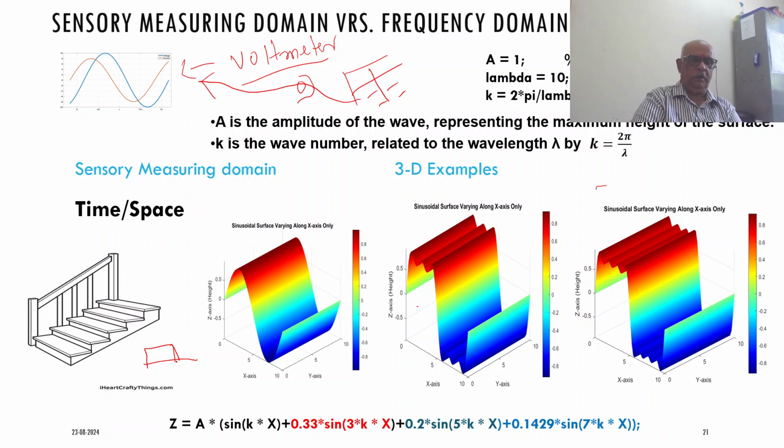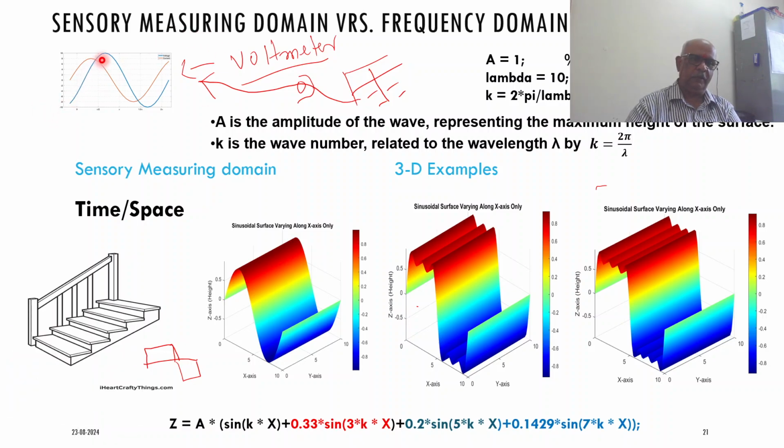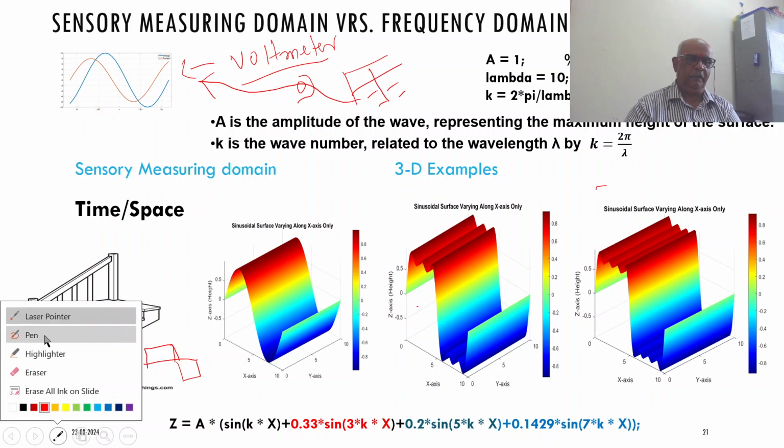Or if I make it periodic, let's say it is like this. People wanted to write an expression for this, particularly in terms of sine and cos. Why sine and cos? Because sine and cos vary very smoothly.